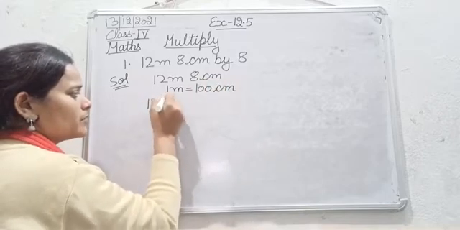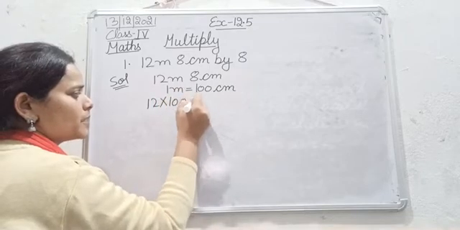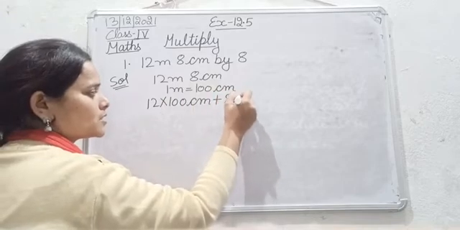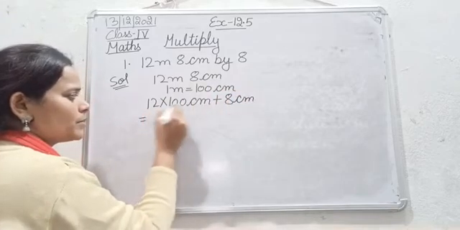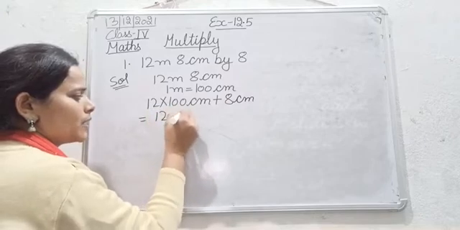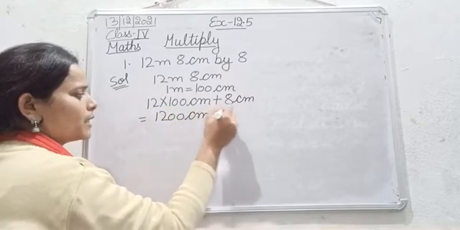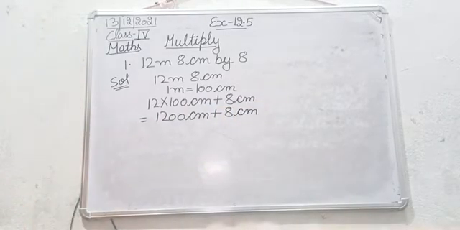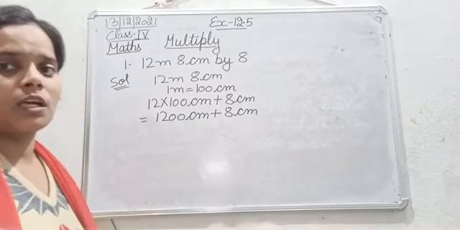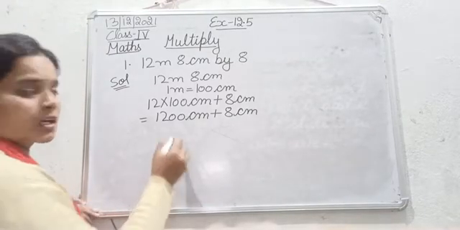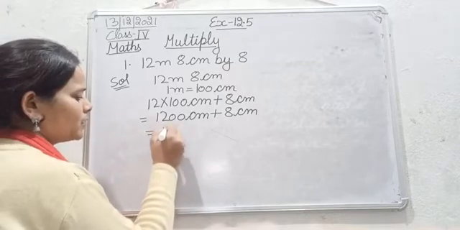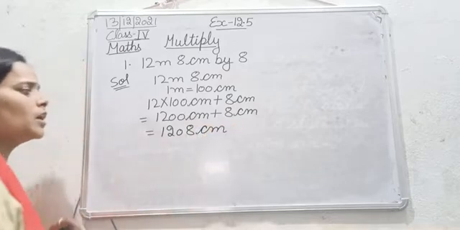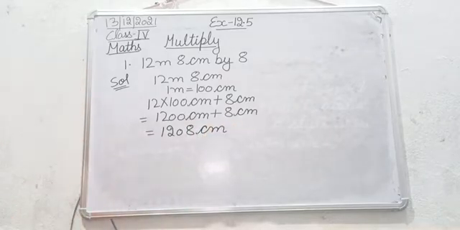So 12 meter will be converted into centimeter by multiplying it with 100, and 8 is already centimeter, so we will write it down as it is. 12 multiplied by 100 is 1200 centimeter plus 8 centimeter, so that will be 1208 centimeter. After conversion we got 1208 centimeter.